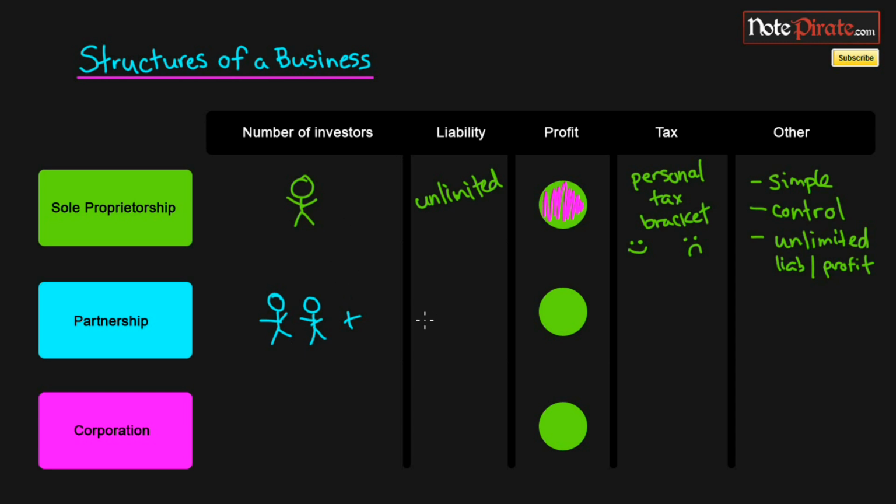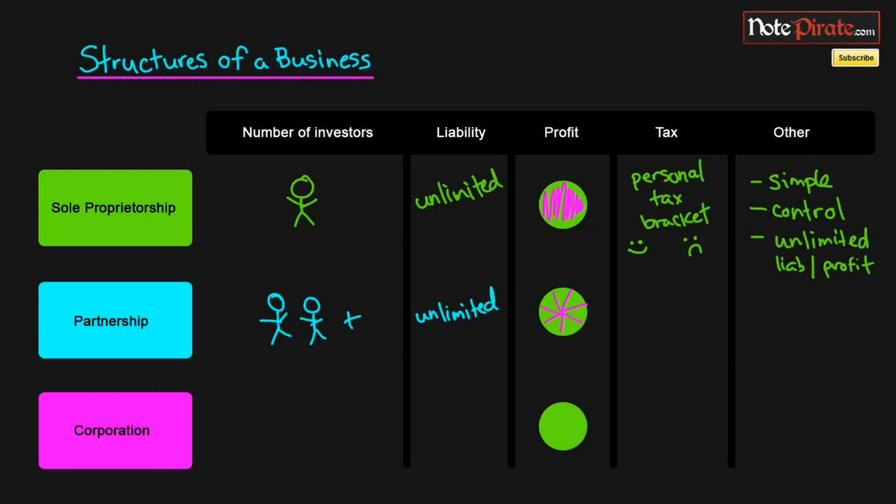The liability is unlimited for just a normal partnership, in that it's the same as a sole proprietorship. Again, your personal assets can be seized if you run into debts, as well as your business assets. And your profit, of course, is going to be split depending on how much you have invested in the partnership.